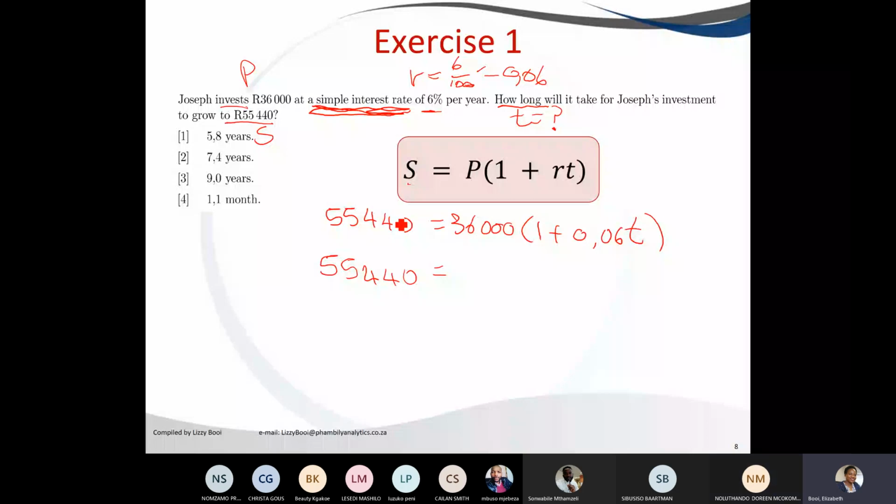Am I doing it the right way? I'm not sure. Yes, from my side, nothing is happening. Your pen is not writing anything. Anybody else? Do you guys see the screen where I'm writing?